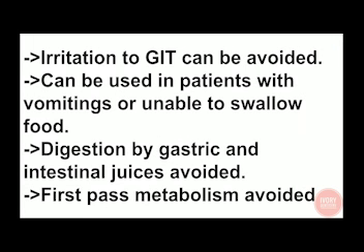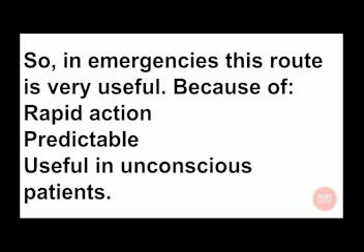The irritation to GIT is avoided. Can be used in patients with vomiting or unable to swallow food. The digestion by gastric and intestinal juices is also avoided, and the first pass metabolism is also avoided because the drugs are not given orally, they are directly sent into the blood. So in emergencies, this route is very useful because of its rapid action, predictability and usefulness in unconscious patients.